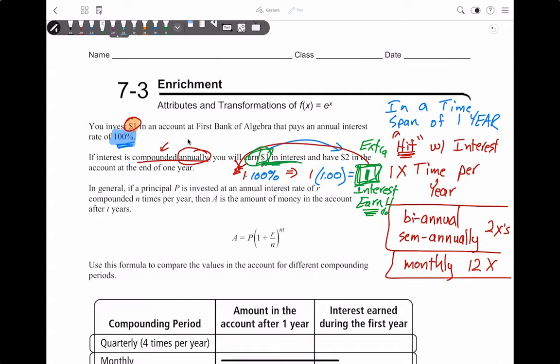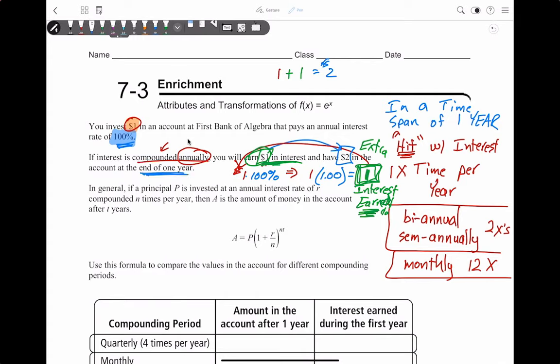That's the interest earned, okay? So we'll say interest earned. And then 1 plus 1 is obviously going to give you a total of $2 at the end of the year. Okay, so you start with 1, and that was the red one. You increased by 1, which is the interest earned, and then it resulted in the $2 that you had at the end of that first year.